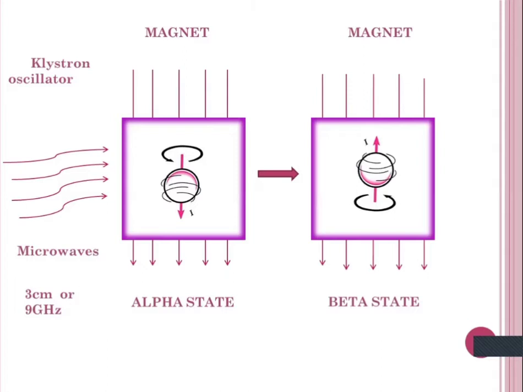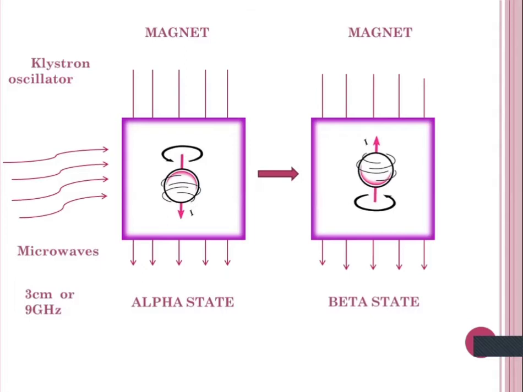The direction of the magnetic field created by the ESR machine is in downward direction and the direction of the magnetic field created by the electron is in upward direction, and hence both the magnetic fields are in opposite direction and such a condition is known as beta state. And beta state is always an antiparallel state and high energy state.